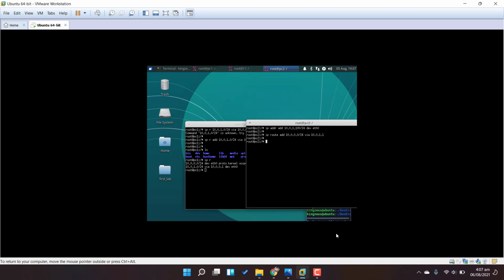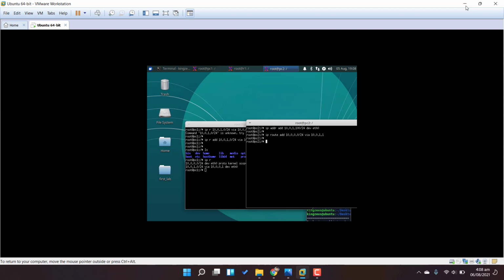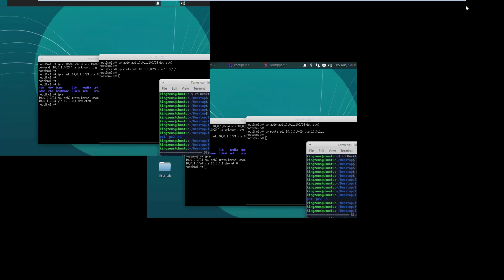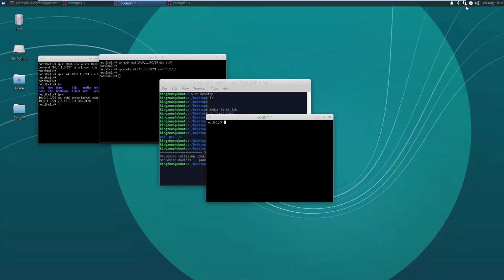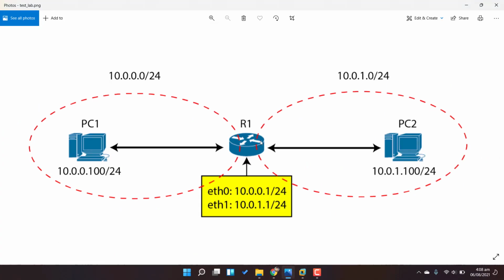how do they talk? Well, they talk using a router, so we haven't even configured the router. That's bad. It's 10.0.0.1. Okay, let's add this in our router. This is our poor router. ip address add 10.0.0.1/24 probably, device eth0, 10.0.0.1.